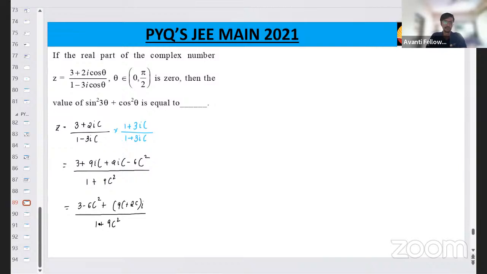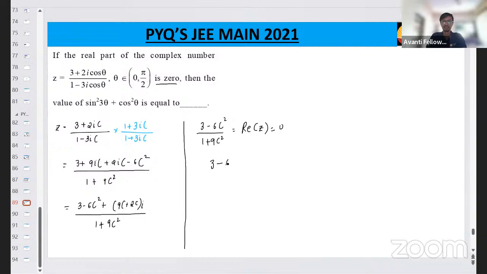What is given in the question? The real part of the complex number is 0. So what is the real part here? The real part is 3 minus 6 cos square upon 1 plus 9 cos square, which is the real part of complex number z, given as 0.